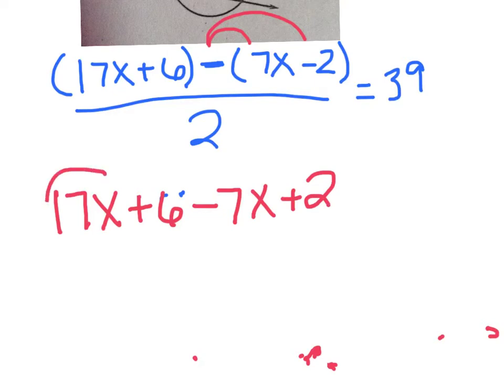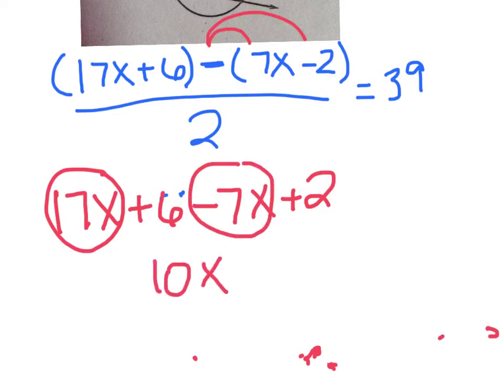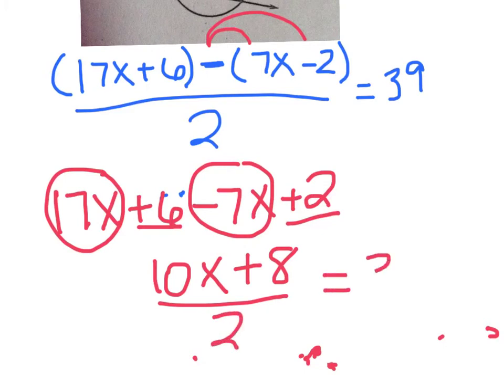So we have an x term here and here, which will make it be 10x. We have 6 and 2, which is plus 8, and that's still over 2, equals 39.